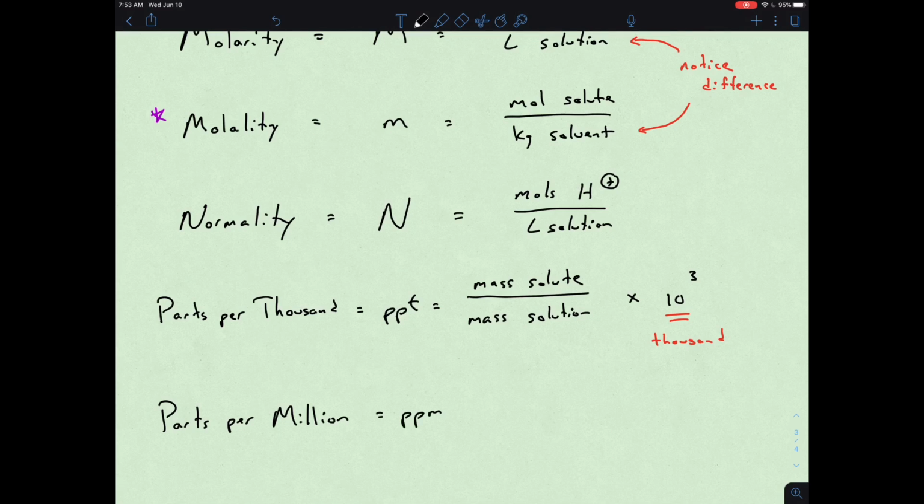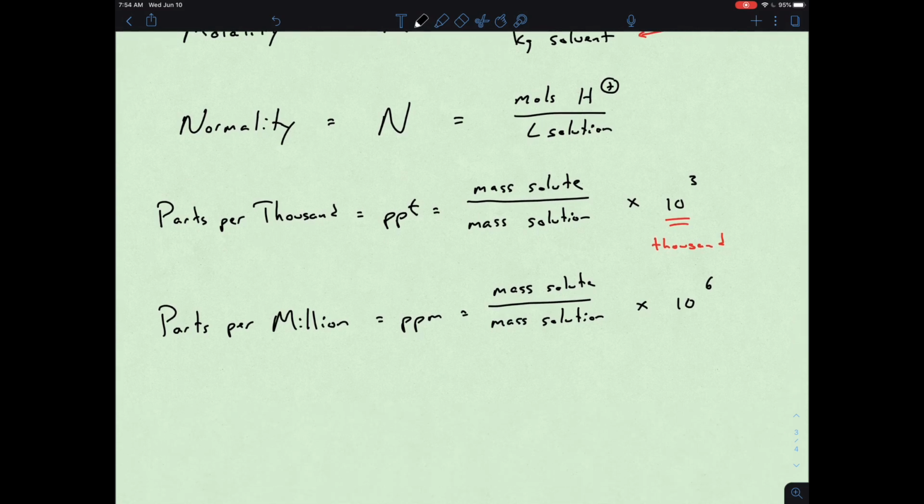So we can keep running the gamut here as far as parts per thousand, and then we can go up a level to something that's even more dilute, which would be parts per million, right? And then we can keep going, parts per billion, and then we can even go to parts per trillion if we want to, etc.